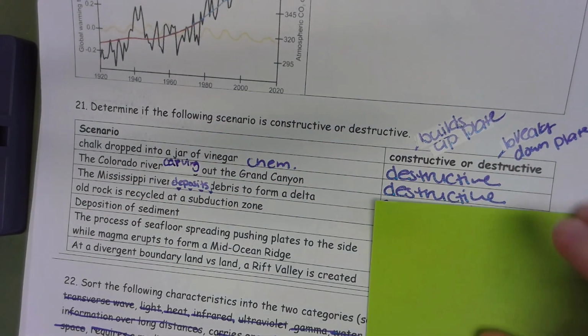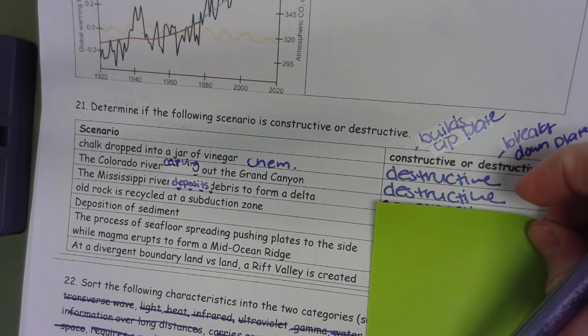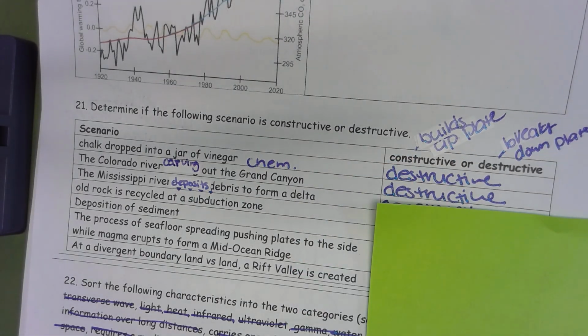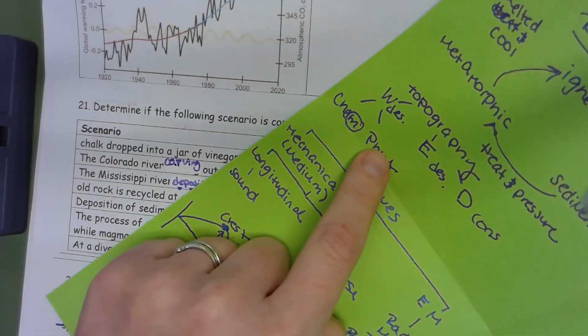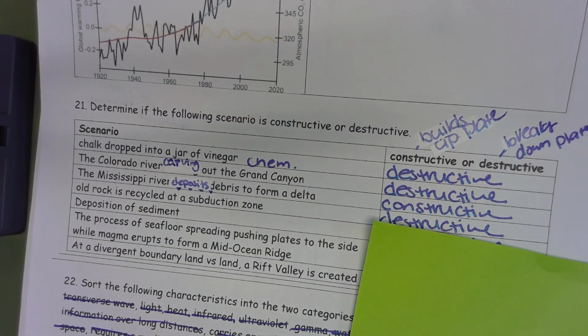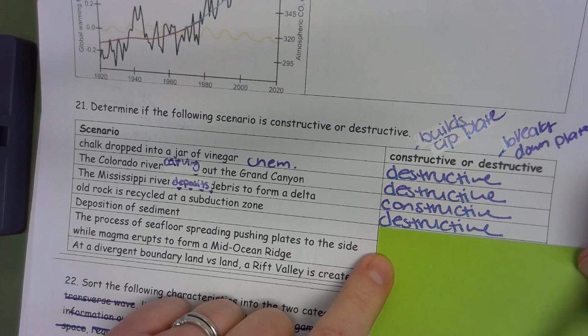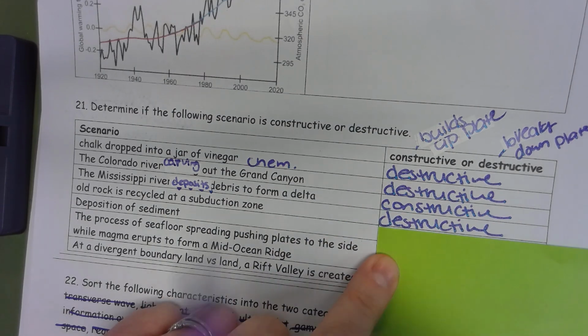That's destructive. The Mississippi River deposits debris from the delta. Remember deposition? If we go back over here to our chart, deposition is constructive. It has the word deposit in it. It's constructive. All right, old rock being recycled at a subduction zone is destructive because it's breaking down a recycling plate.